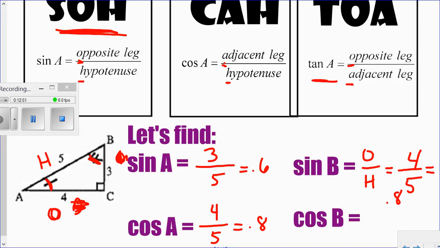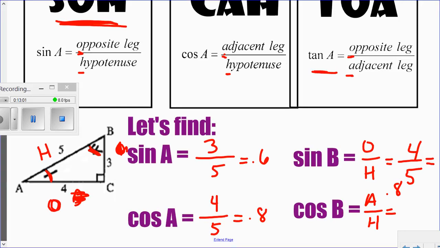Lastly, we need cosine. Cosine, CA, is defined as adjacent divided by hypotenuse. So we already know the 5 is going to go in the denominator. And now we need to figure out what the adjacent side is. So back to our triangle, and we're looking at angle B. Adjacent to angle B is the 3.